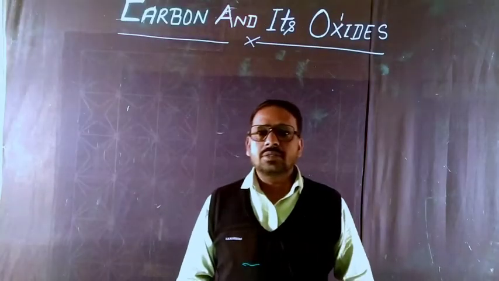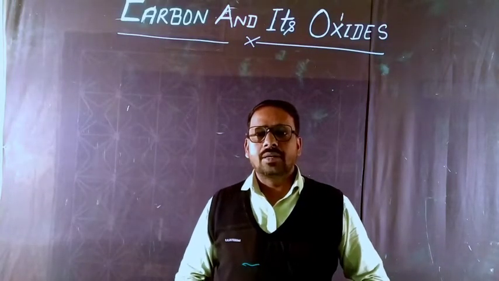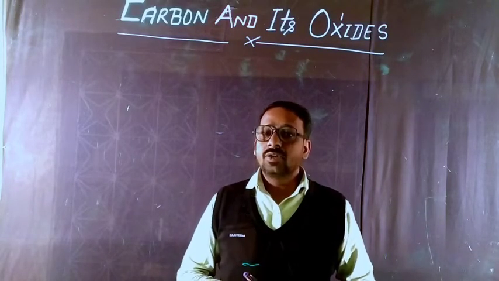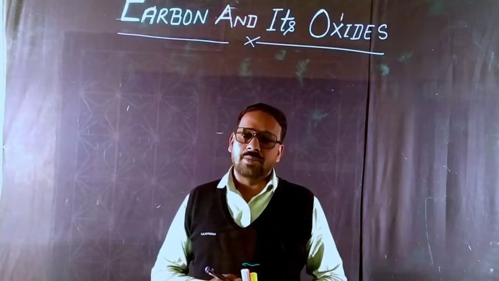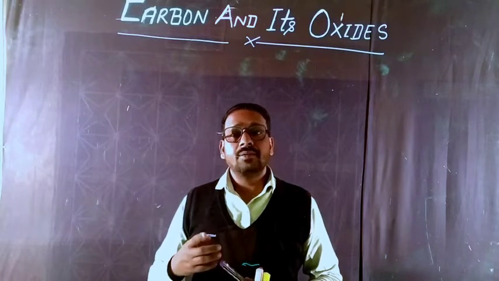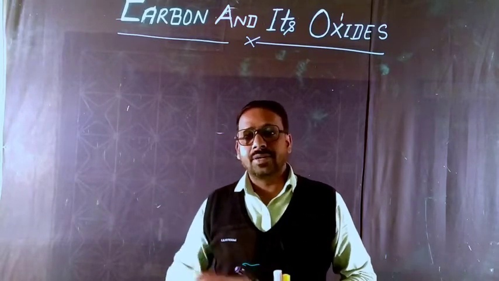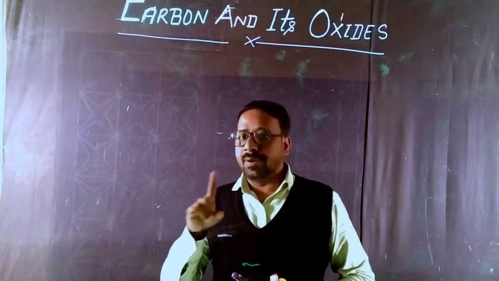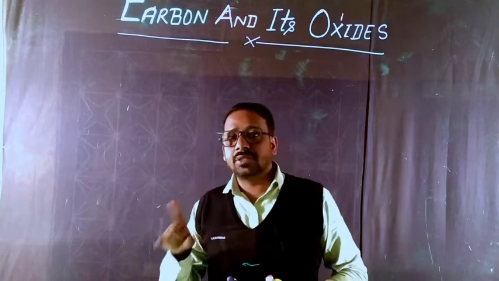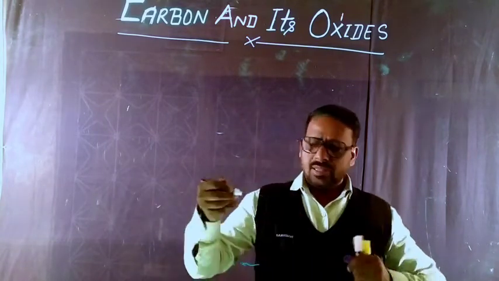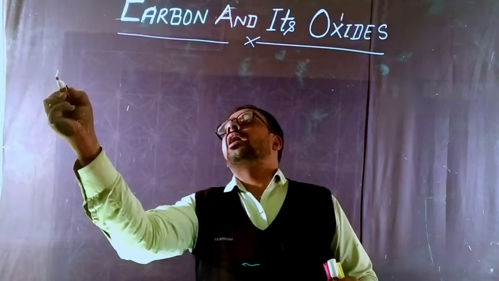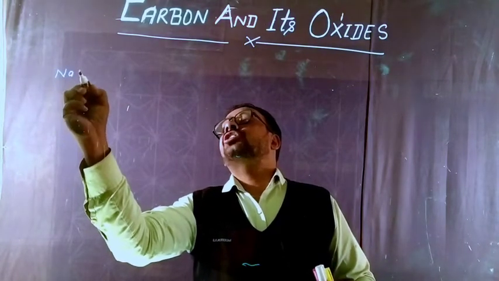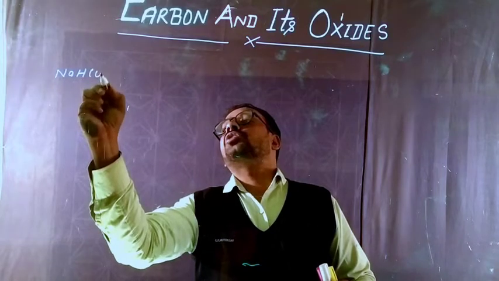So we have discussed how carbon dioxide is prepared from metal carbonate or metal bicarbonate reacting with the acid. Suppose again I want to give some more examples. Suppose I will take NaHCO3.